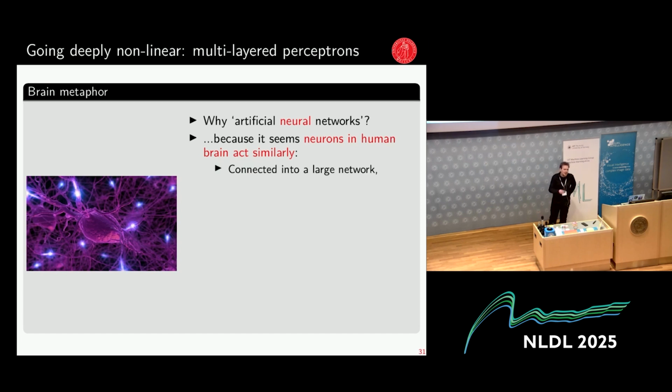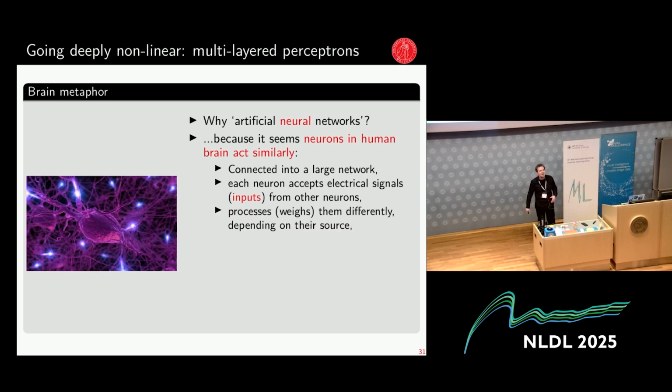So neurons in our brain are also connected into some large network. Each neuron accepts some electric signals, inputs from other neurons, right? It somehow processes these signals, weighs them differently depending on their source, depending on from what other neuron these electric signals come from.